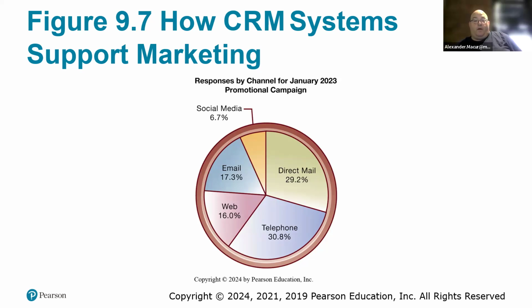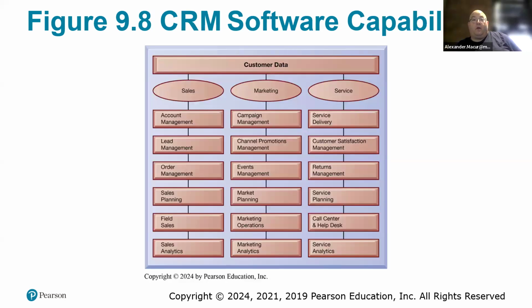I'm going to venture to say that with the problems with the Postal Service worldwide growing and growing, and people using voice less and less, web and social media are going to grow in the next few years if they haven't already. This slide just shows some things that are available in CRM.